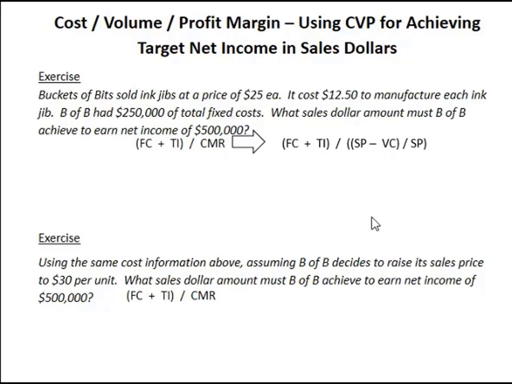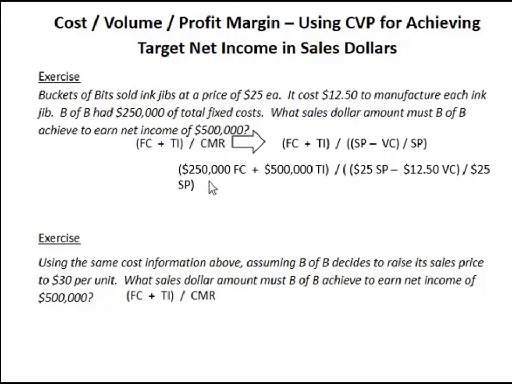So I can populate now the information in my equation from the data up here in the description of the exercise, and I come up with $250,000 of fixed costs. Add to that $500,000 of target net income divided by my contribution margin ratio. My contribution margin ratio is going to be my $25 selling price minus my $12.50 variable cost divided by my $25 selling price.